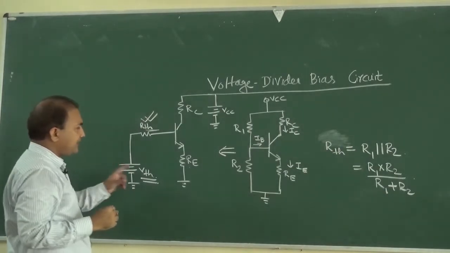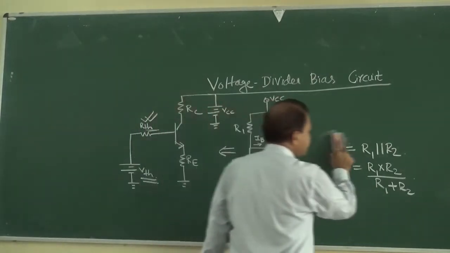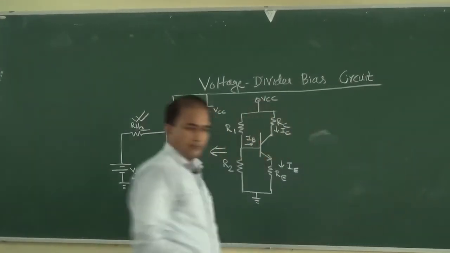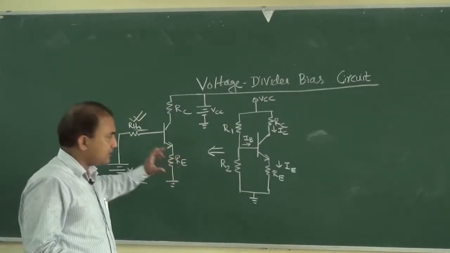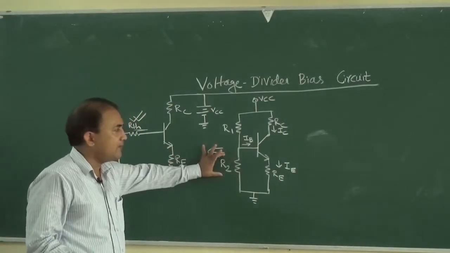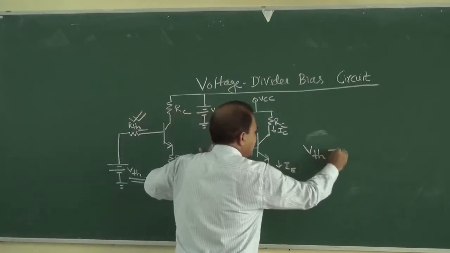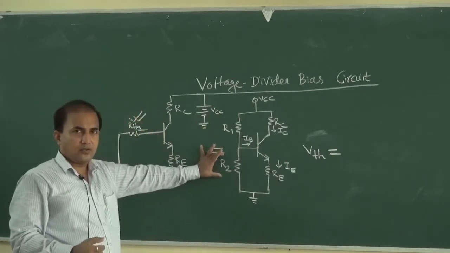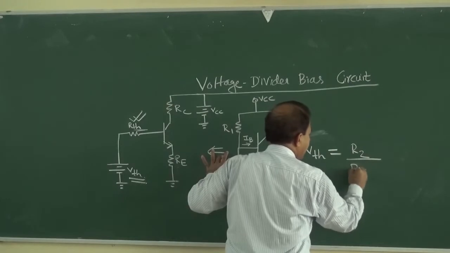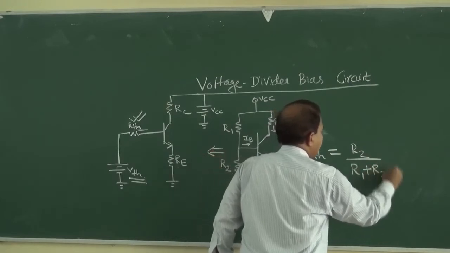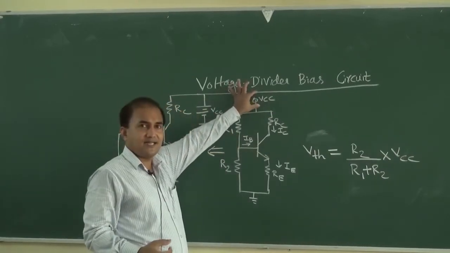Then we have to calculate VTH. How can we calculate VTH? VTH is the voltage across R2. So it is equal to R2 divided by R1 plus R2 multiplied with this voltage, which is the VCC voltage.